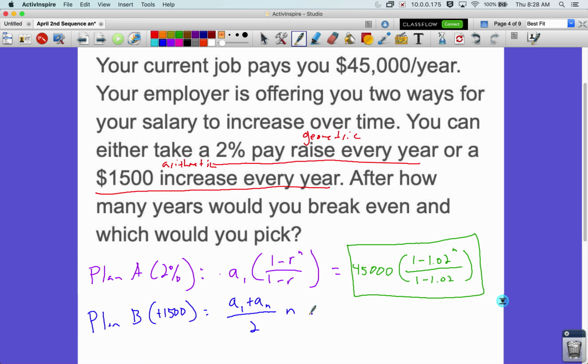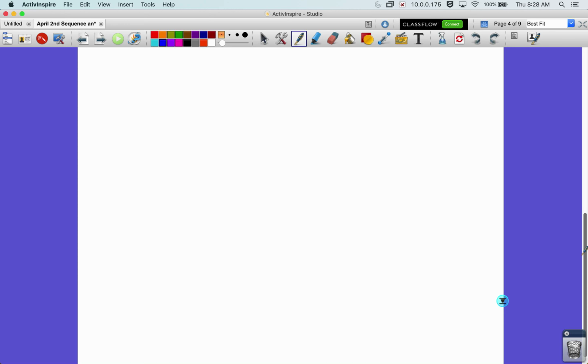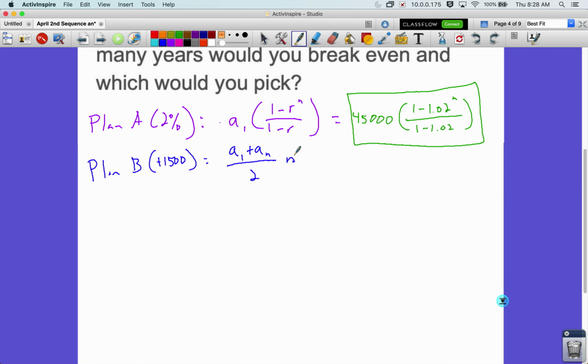All right, and this one's going to get a little bit more difficult because we've got n appearing twice here. We need, maybe off to the side, to use our formula to get a sub n. So this is our explicit formula. A sub n is the first term plus our common difference times n minus 1.